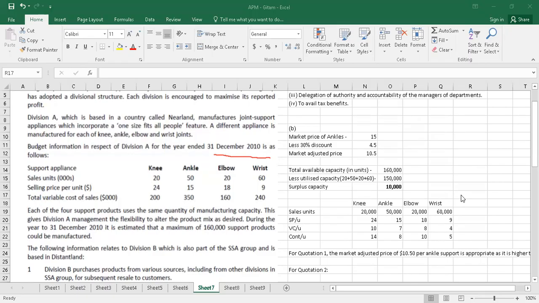Ankle gives a contribution of 8. Ankle anyway is ruled out. Elbow has a contribution of 10. Wrist has a contribution of 5. Least profitable, the least contribution offered is 5. So the decision will be about cutting down the production of wrist.